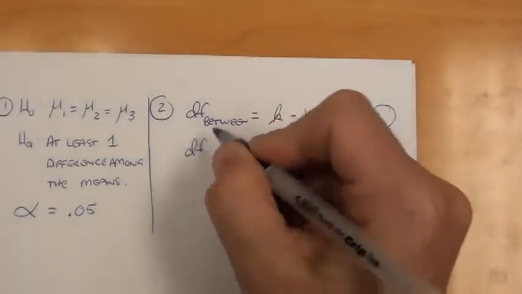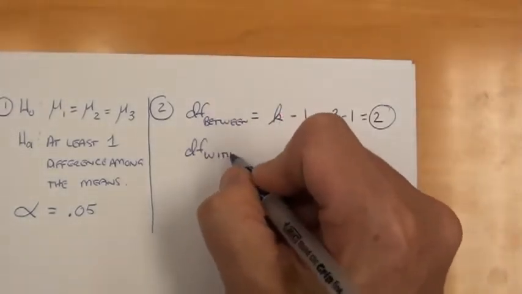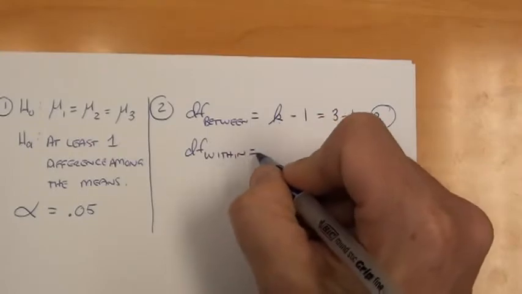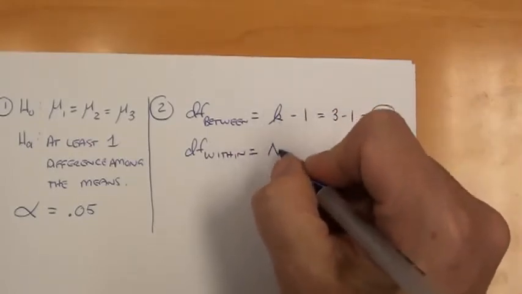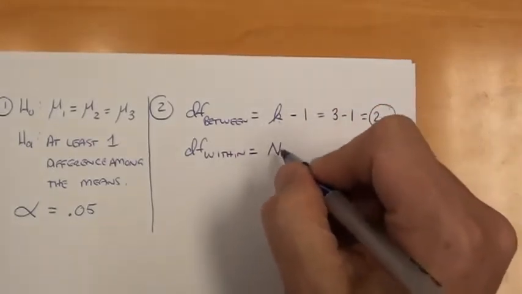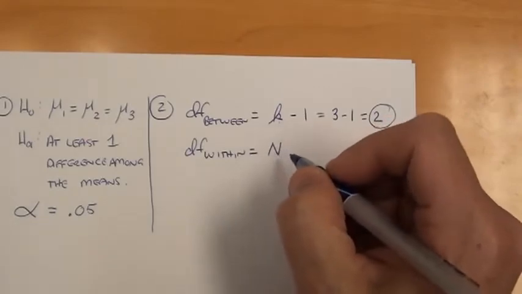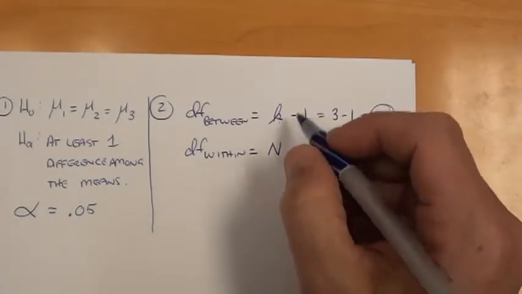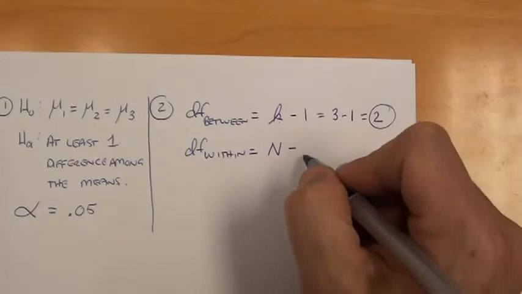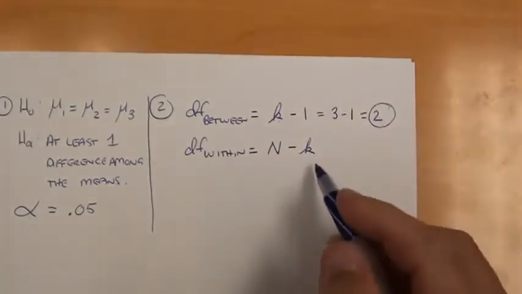The degrees of freedom within is equal to N minus K, where N equals the total number of scores that we have in our sample, and K is the number of conditions that you have.